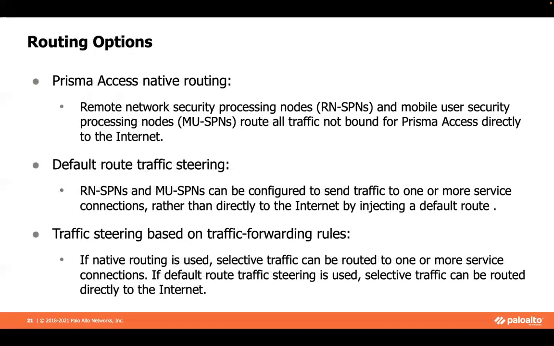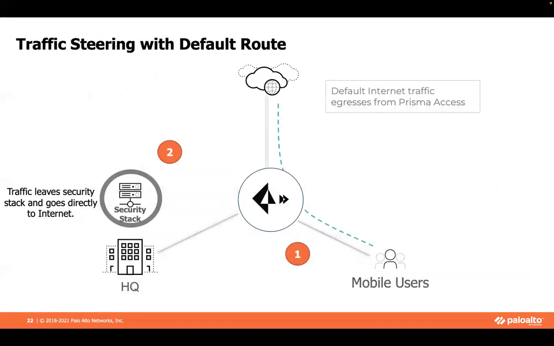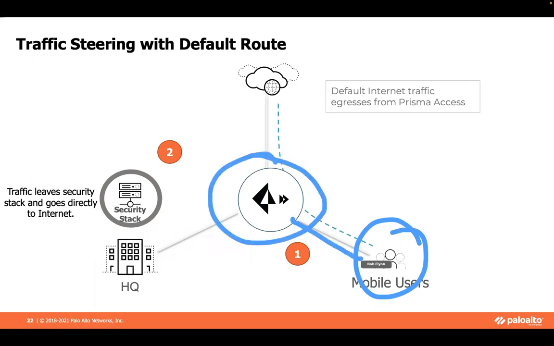We have the ability to use these traffic steering or traffic forwarding rules, whether you're using the Prisma Access native routing or hot potato routing, and be able to designate different traffic to go in different directions. Here's an example. A mobile user that is, say, going out to Salesforce or Office 365 or something is typically going to go through that mobile user security processing node and then out to the internet.